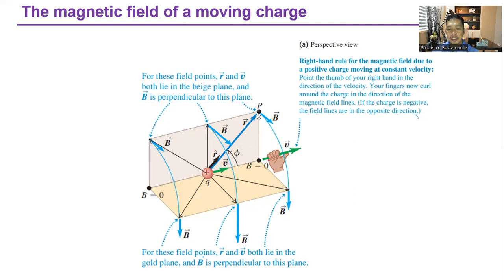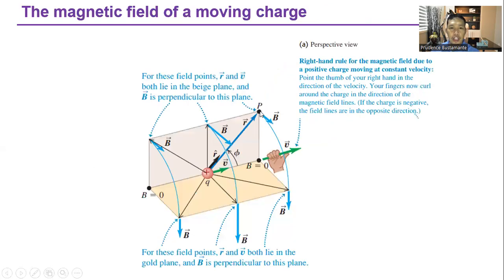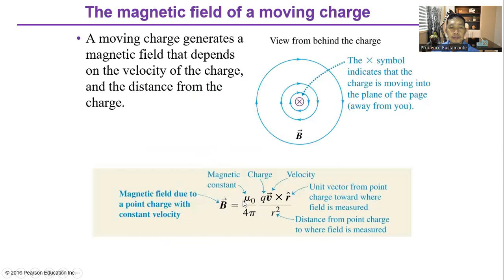The magnetic field is due to a point charge with constant velocity, for example at point P at a distance r. If you look from the view behind the charge, this is the magnetic field.